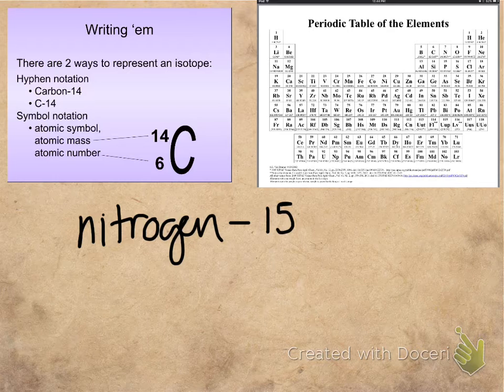So this is the name for nitrogen-15. It's an isotope of nitrogen that has a mass of, oh, don't you dare get this wrong, 15 AMUs. The other way we use hyphen notation is to write the symbol for the element, followed by a hyphen and the mass again. This is another way of writing nitrogen-15. Pretty easy.